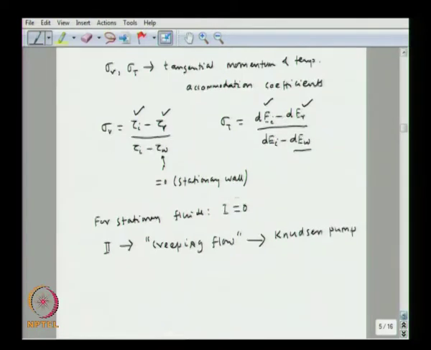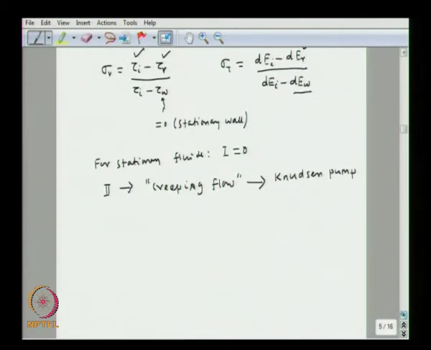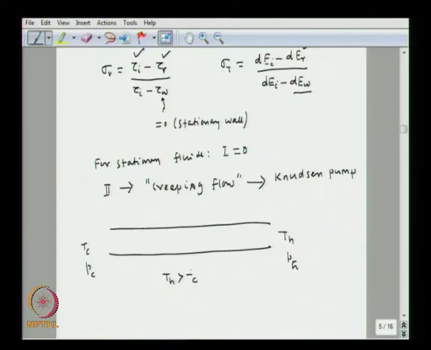For example, if you consider a single channel here, where the temperature is T cold and the pressure is PC, and here the temperature is TH and the pressure is PH, and TH is greater than TC. So you maintain a gradient in the x direction.